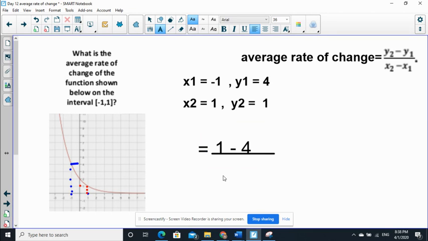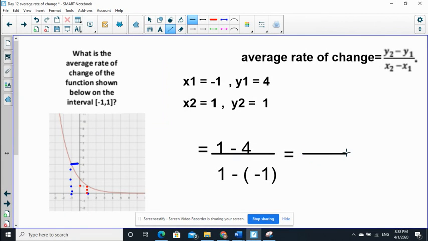And the change in x here, x2 minus x1, is 1 minus negative 1. We put the change in y here, negative 3, and the change in x down here, 1 minus negative 1.